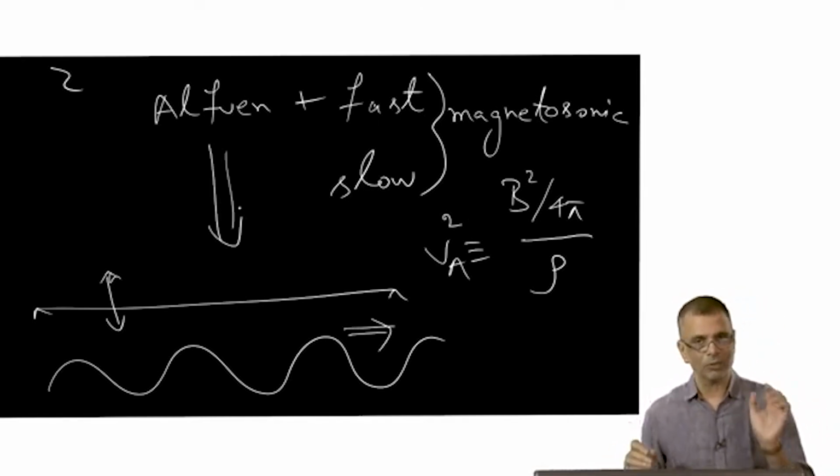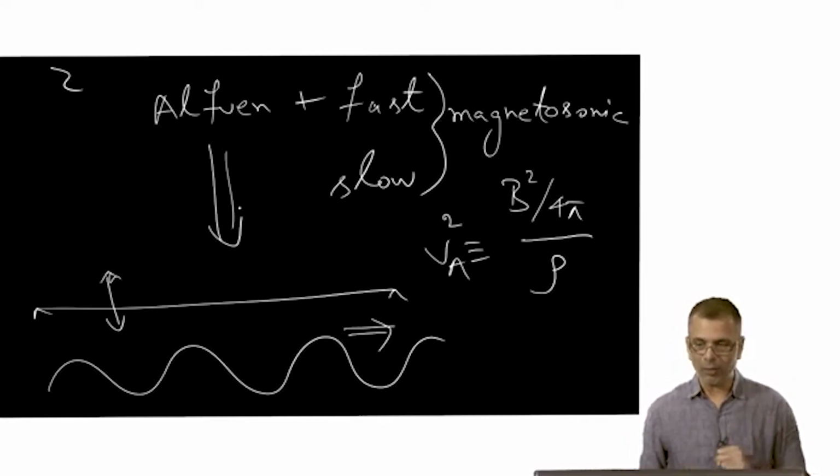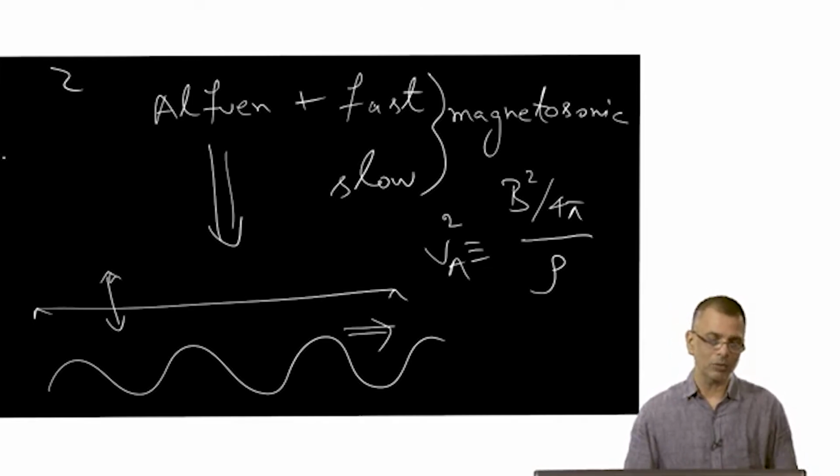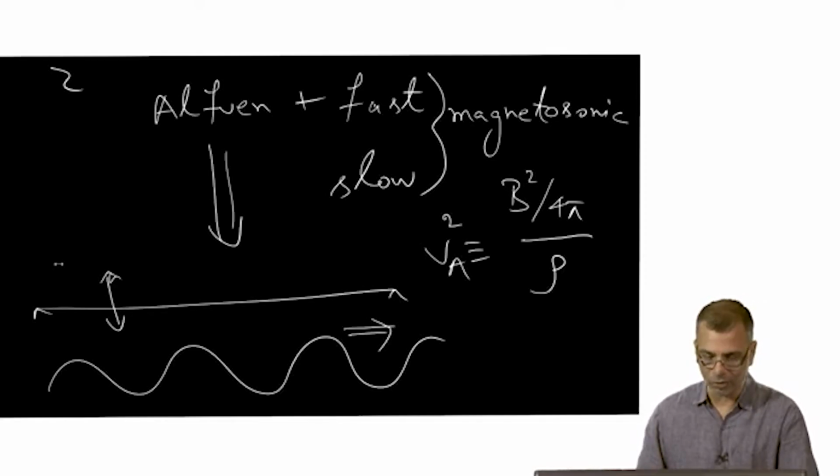They are transverse waves with no density perturbations. However, these two modes, the fast and the slow magnetosonic modes, which we have discussed at length, are sound-like waves, and they are a little complex. The precise characteristics depend upon the direction of propagation with respect to the background magnetic field, and that's true for the Alfvén mode also.